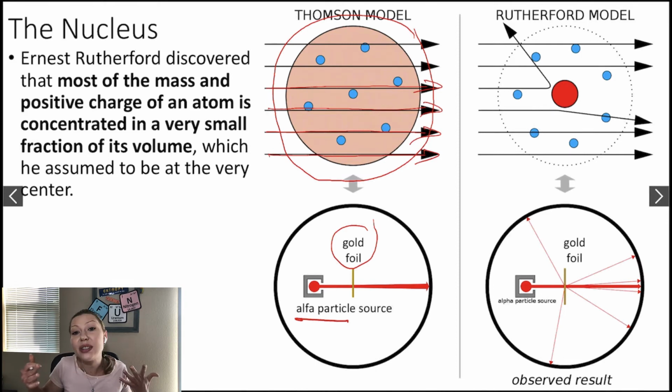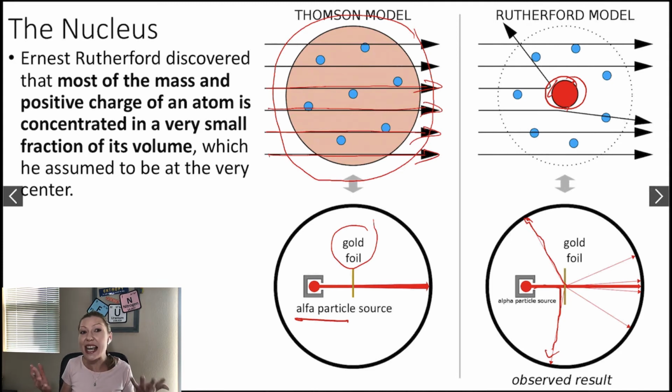Well, what actually happened is Rutherford discovered that there must be something inside the atom that is really dense, okay? And that is the atomic nucleus.